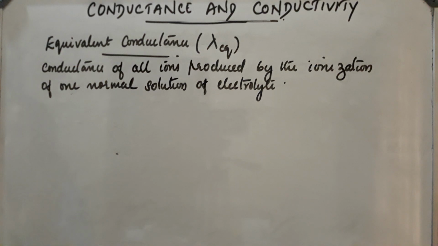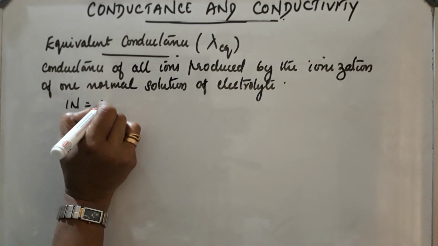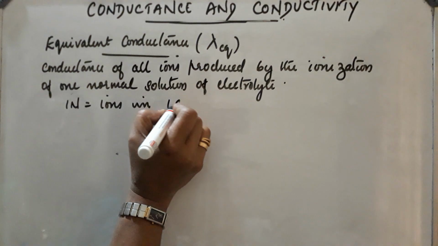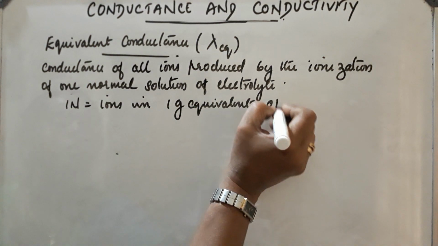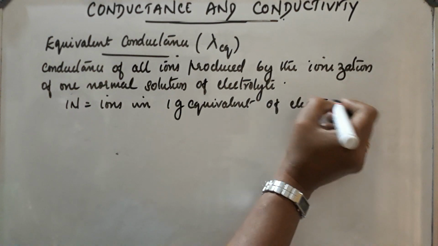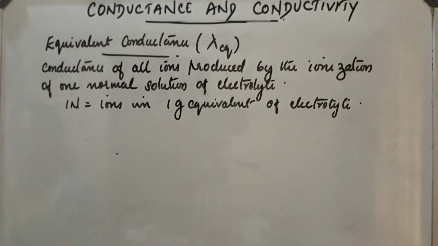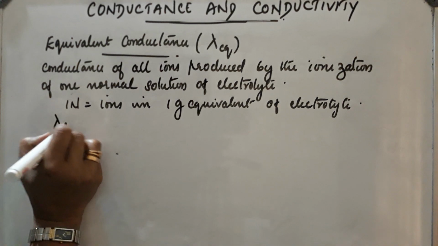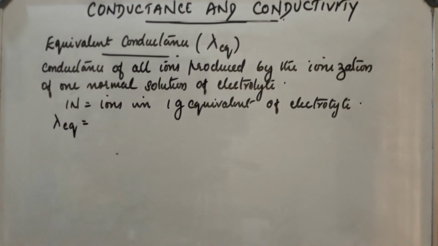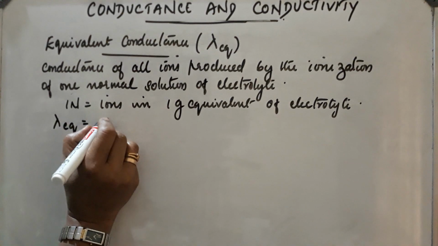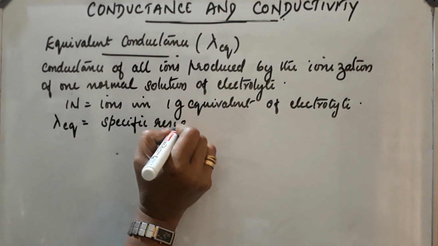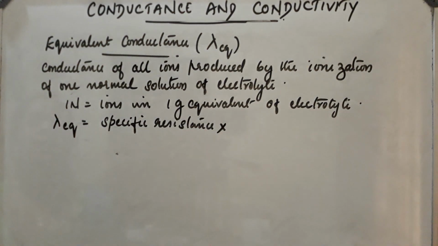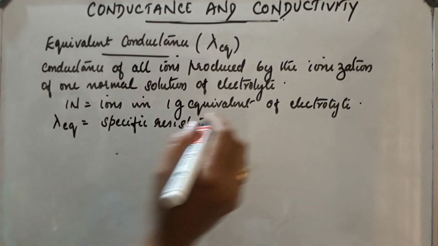So how can we find the unit? Lambda equivalent equals specific conductance, that is kappa, into the volume containing 1 gram equivalent of electrolyte.